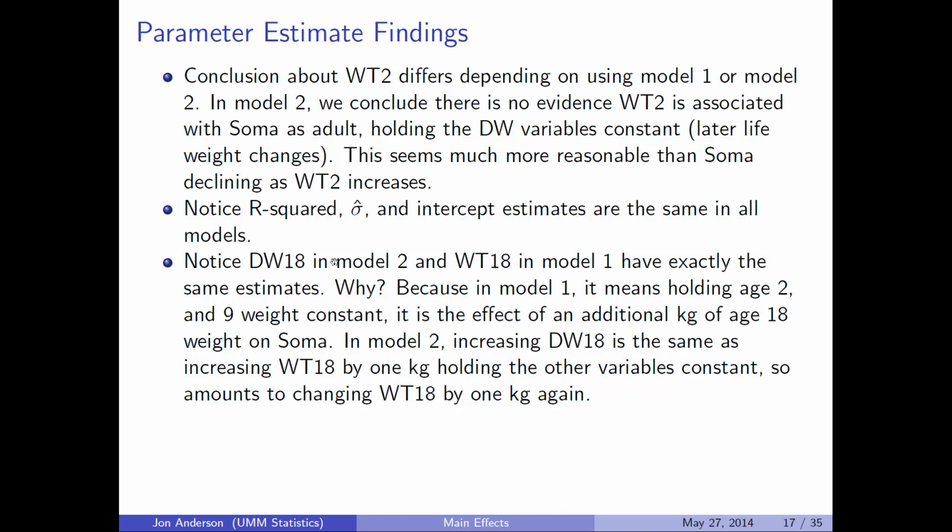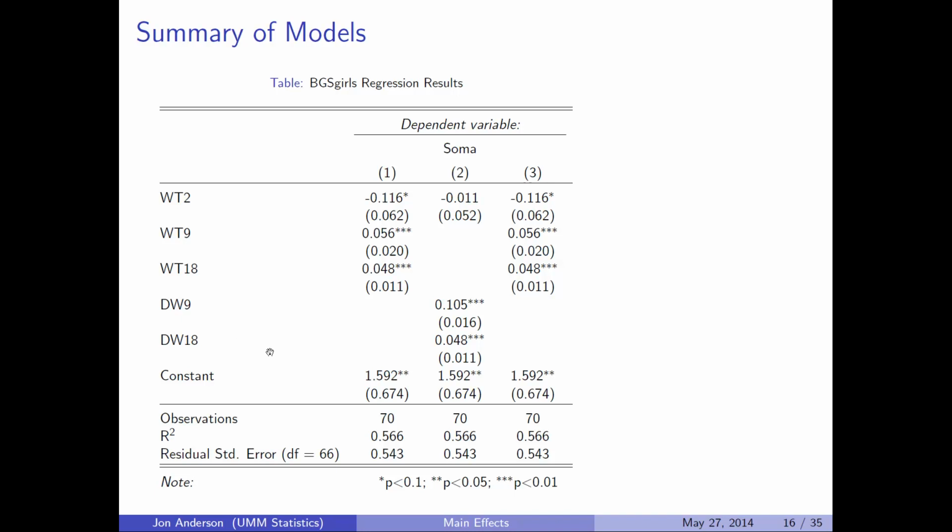Third bullet, notice that the change in weight from 9 to 18 and the weight at age 18 coefficient in Model 1 have got exactly the same estimates. 0.048 for the change in a unit or a kilogram of weight at age 18, and notice that that impact is basically the same as increasing DW18 by 1 kilogram.